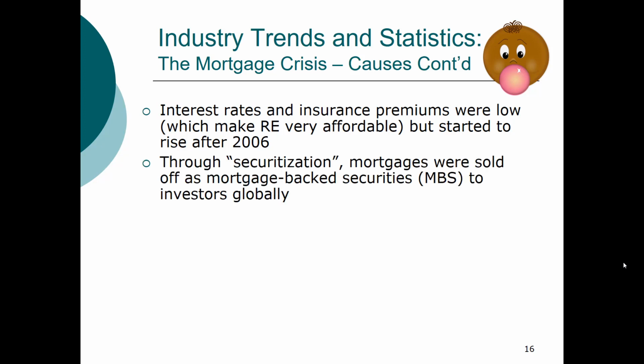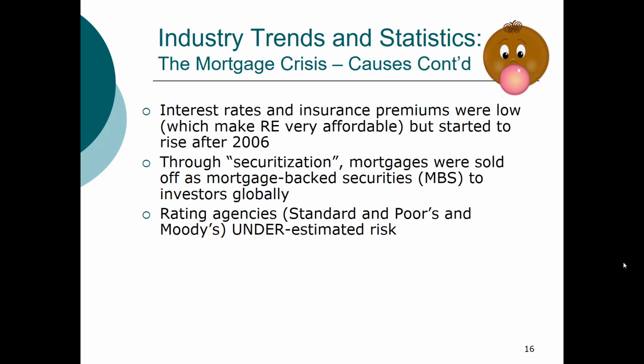One of the reasons the crisis went global was because banks were able to sell the loans they either made or bought through a process called securitization. This way, mortgages were sold off as mortgage-backed securities, MBSs, to investors globally. These investors were all too happy to buy what they believed were low-risk U.S. real estate-backed investments.